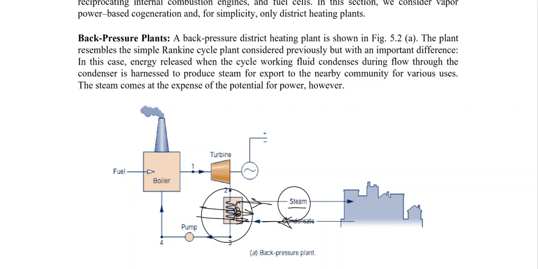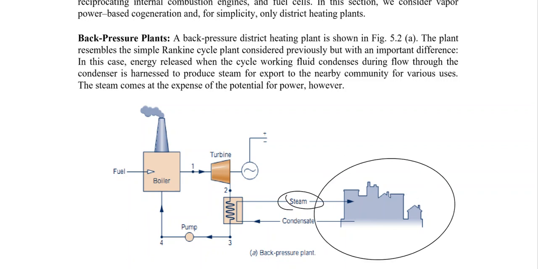So obviously, what we are saying over here is the condenser heat, which is actually normally we throw out, or the condenser which is actually taken out its heat from the Rankine cycle, it is used to heat up the water in another system, and that heated water or that steam is actually used in a building for the district heating or in a process industry for certain processes.